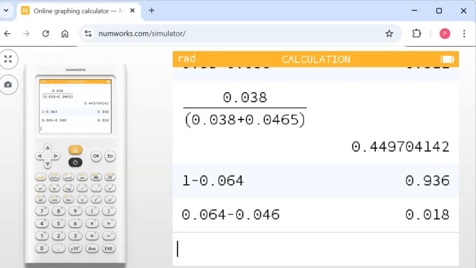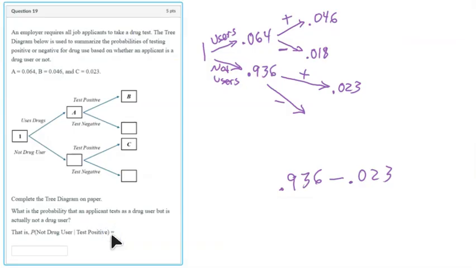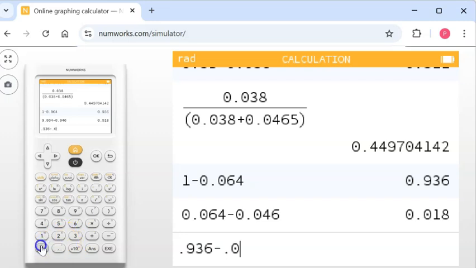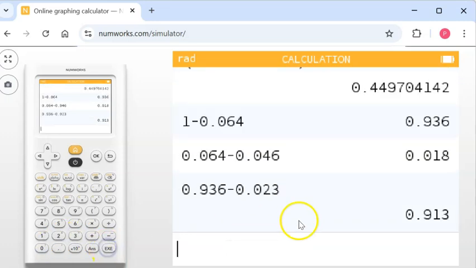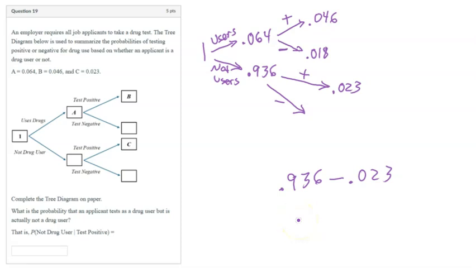All right, 0.936 minus 0.023, and that's going to give us 0.913. So 0.913, and you can make sure you did this right. If you add these two numbers together, they should equal 0.936. Add these two numbers together, they should equal 0.064.